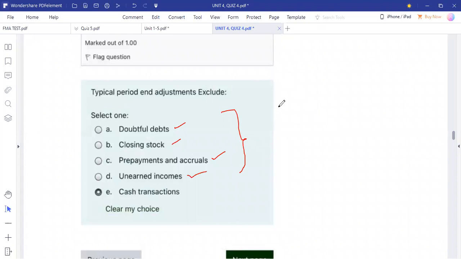These are adjustments that are added at the end, but cash transactions are already entered. So the answer was E. We have adjustments at the end of each period, which include the provision for doubtful debts, the closing stock, the prepayment, the accruals, the unearned income, or the unreceipted documents. But the cash transactions are never in the adjustment. So that is the answer.